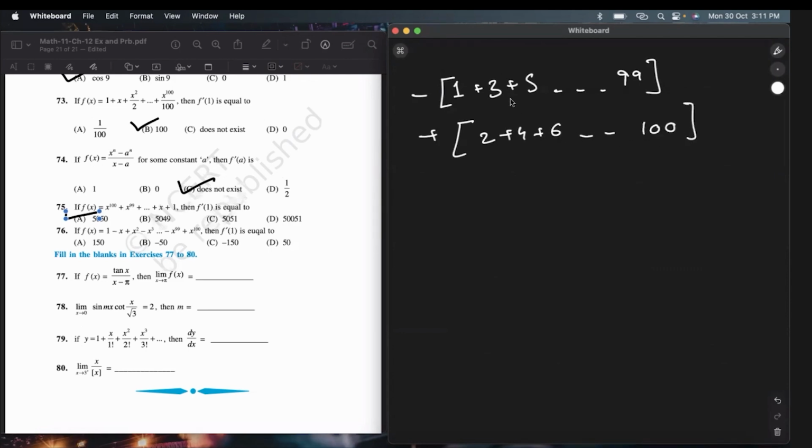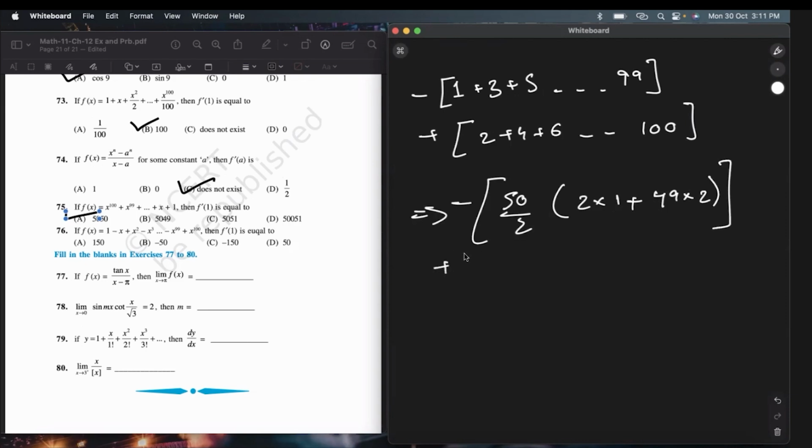Now simply use the formula for summation. 50 terms are there, so minus 50 by 2 times (2 times 1 plus 49 times 2), plus again 50 terms, so 50 by 2 times (2 times 2 plus 49 times 2).